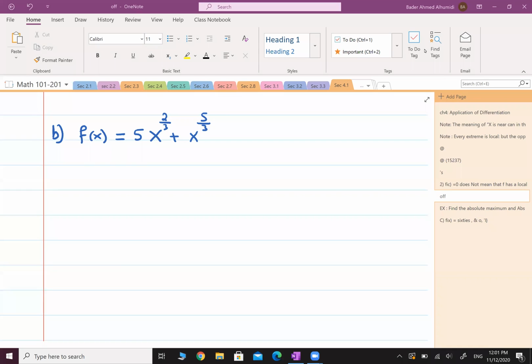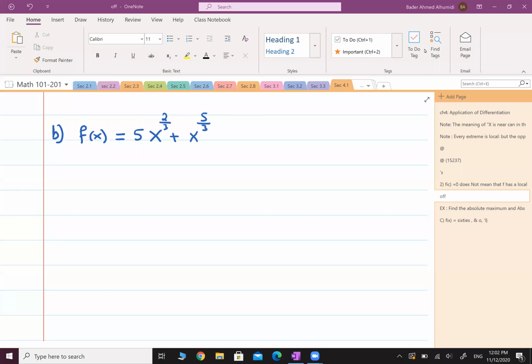Then by graphing, we observe that the maximum and minimum, the local maximum, local minimum, usually appear at two special points: either the derivative is equal to 0 or the derivative does not exist. And we call these numbers at which the derivative is 0 or does not exist, and they are inside the domain, part of the graph, critical numbers.